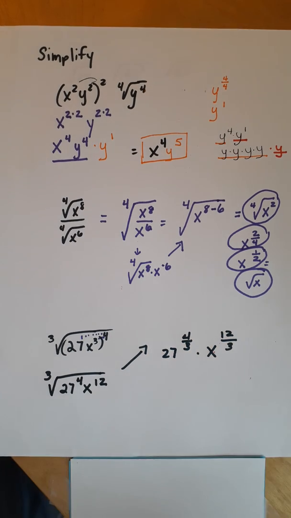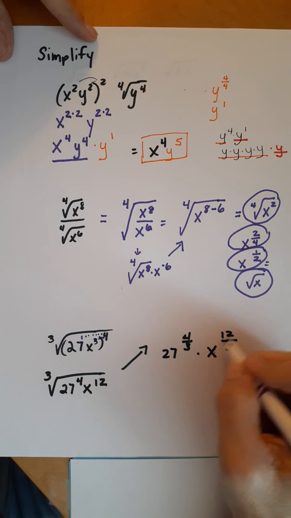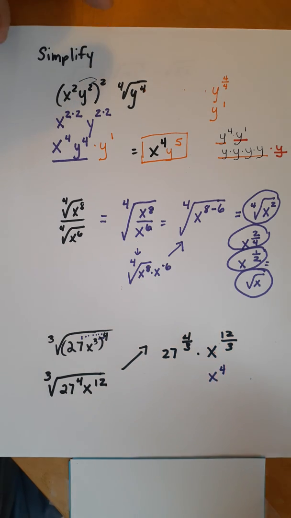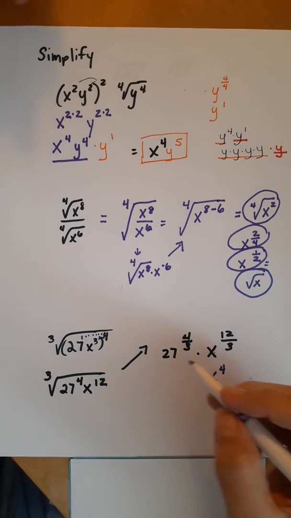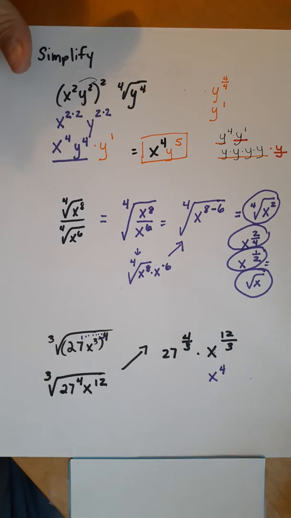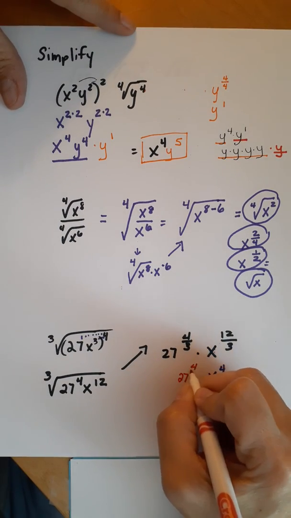Okay, so let's take a look. We are basically saying x to the 12 divided by 3 is x to the 4th. That's simple enough. We found our x to the 4th. Now this 27 is a little more complex. Let's see how this plays out. I'm going to do this in red. 27 to the 4/3.